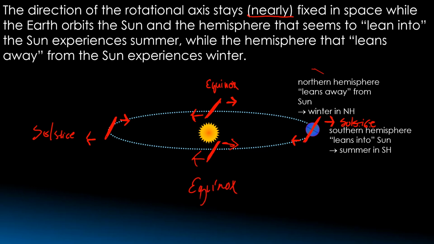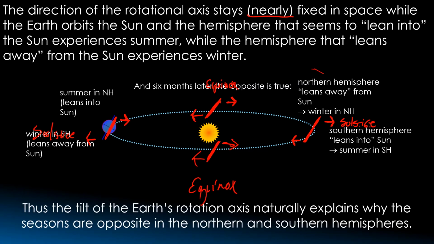And so if we go through this, we'll see that the Earth will go through these positions. And 6 months later, it's now summer in the northern hemisphere and winter in the southern hemisphere because it's pointing in different directions. So the tilt of the Earth's rotational axis naturally explains why the seasons are opposite in the northern and southern hemispheres.